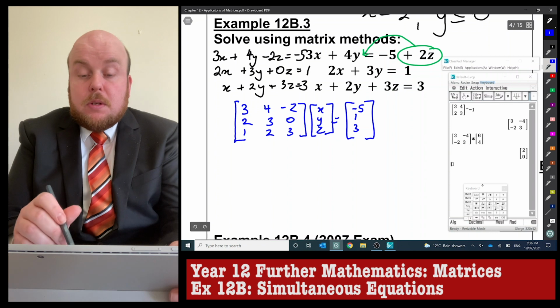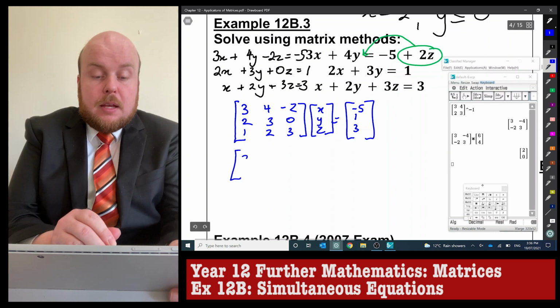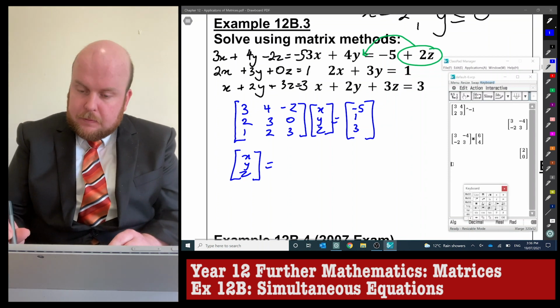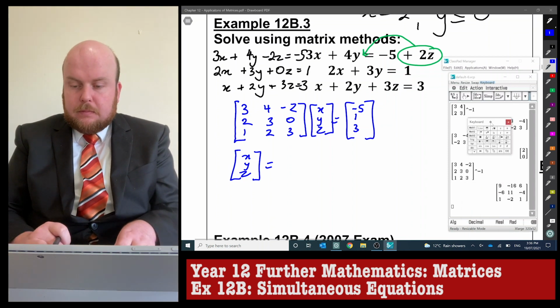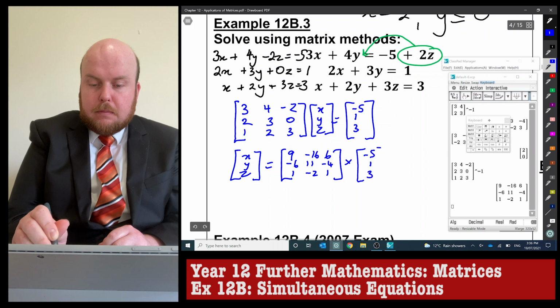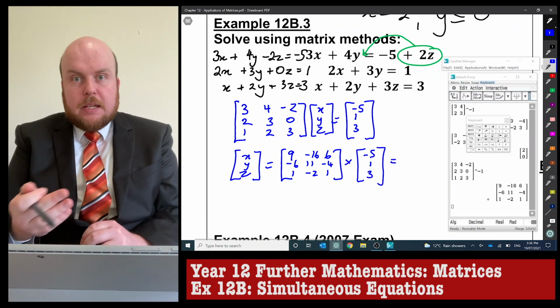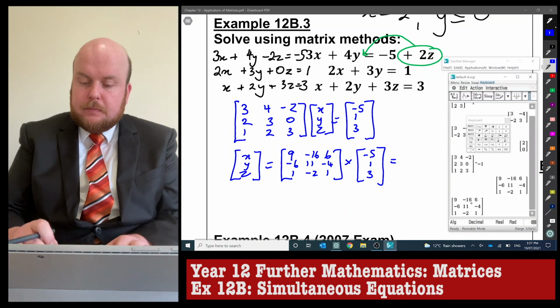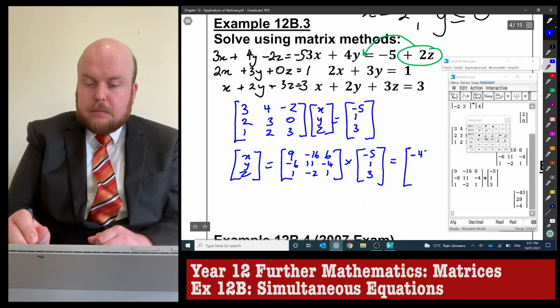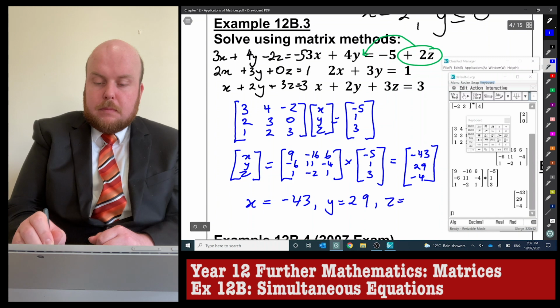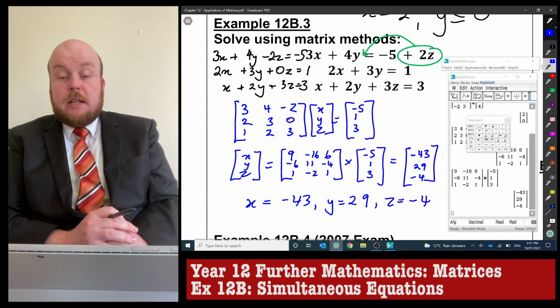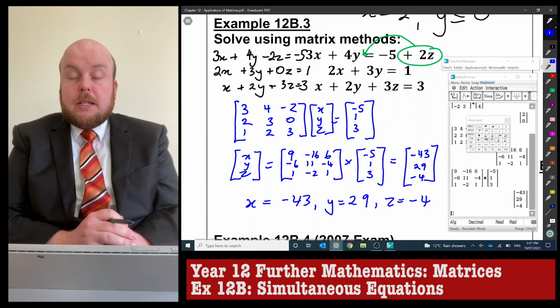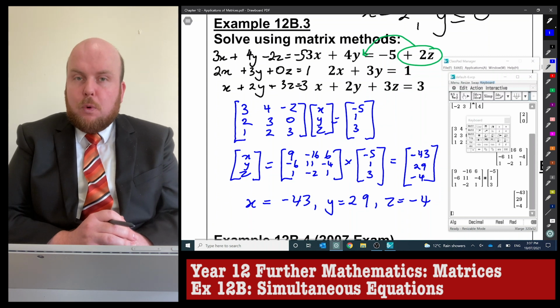And then I'm going to use my CAS to find the inverse. Then I just need to multiply it by the final column. So x is equal to -43, y is equal to 29, and z is equal to -4.